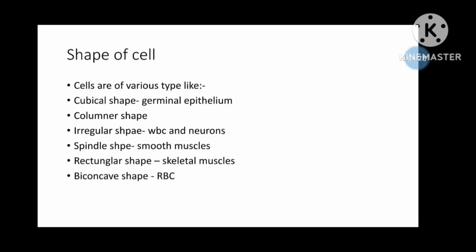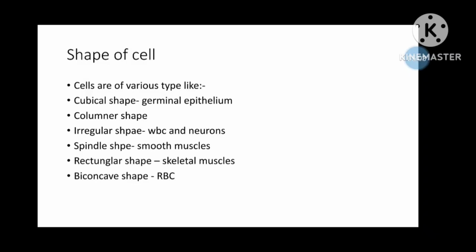Shape of the cell. You know, whatever cells we have, they all are of different shapes, like cubical shape, columnar shape, irregular shape, spindle shape, rectangular shape, biconcave shape. Cubical shape is present in your germinal epithelium. Irregular shape is present in your WBC and neurons. Spindle shape is present in your smooth muscles.